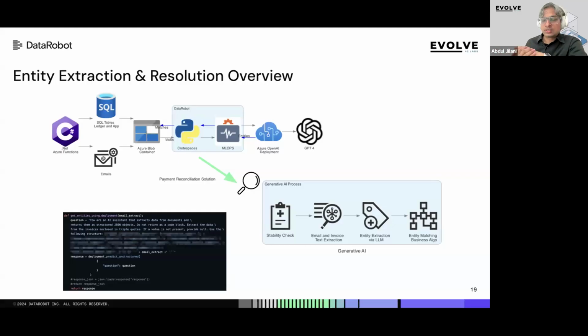Because these are APIs, the backend OpenAI can over time keep updating these models, so we have sometimes seen stability issues as well. So stability checks will intervene and allow us to catch those issues if there is some change in the model, or some update has broken the model.